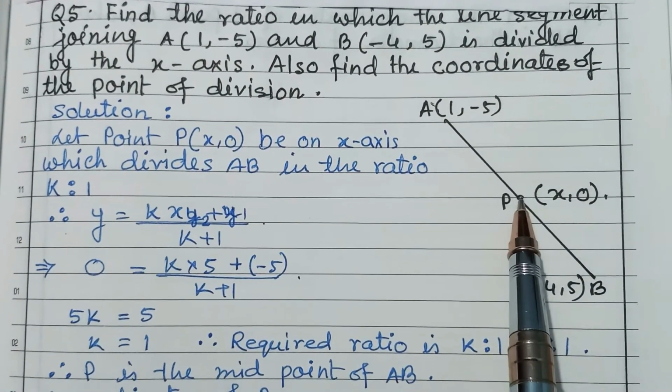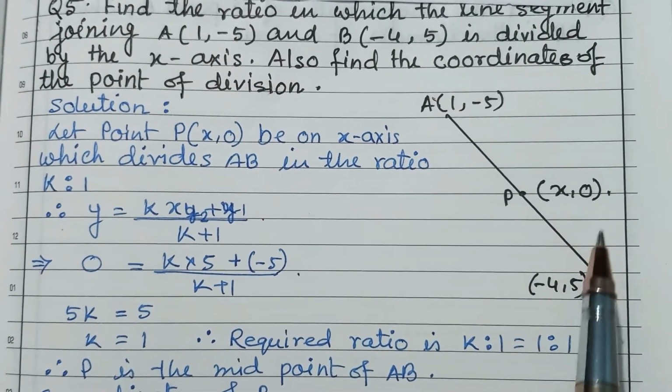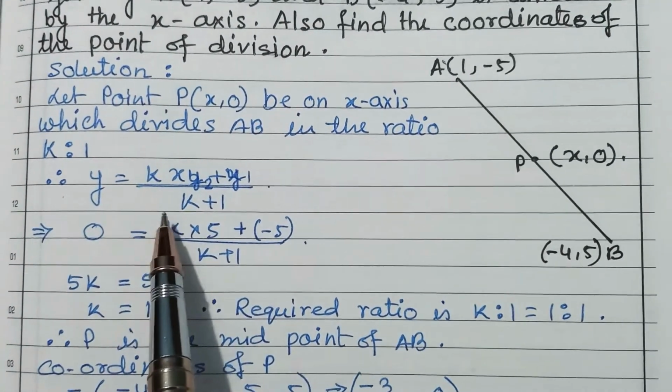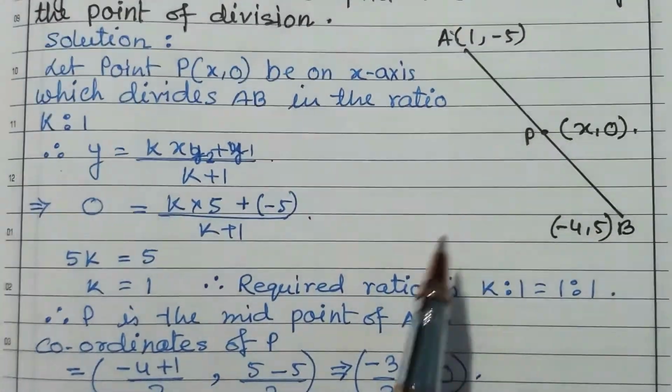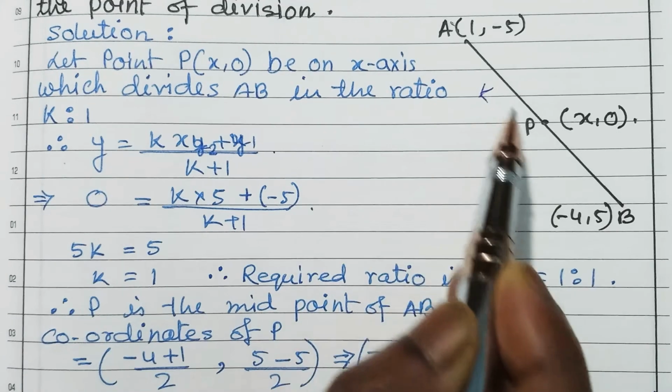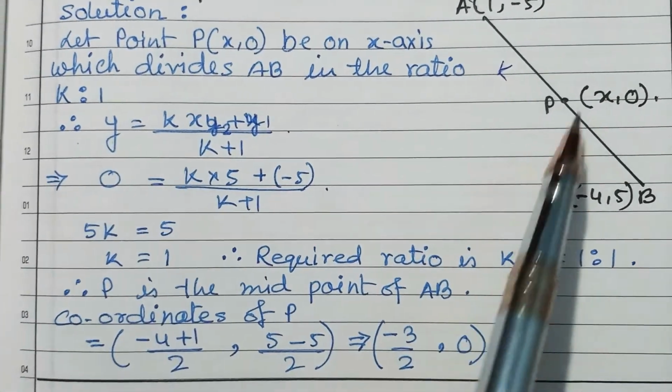Now by the section formula, suppose it is divided in the ratio k ratio 1.